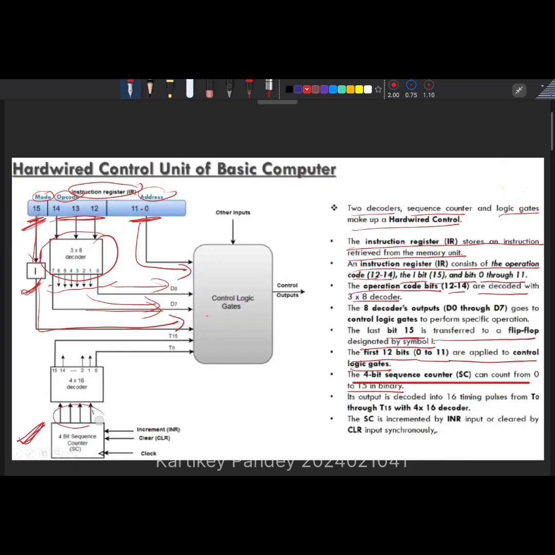It has 4 outputs and the output is decoded into 16 timing pulses from T0 to T15 with a 4 cross 16 decoder. This 4 cross 16 decoder decodes the output of the 4-bit sequence counter into 16 timing pulses. So it acts as the sequence counter for the logic gates of the hardwired control unit.